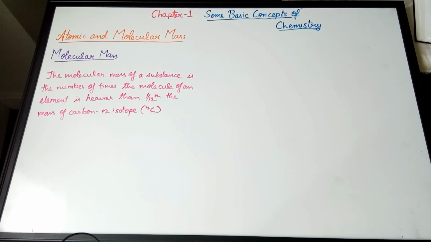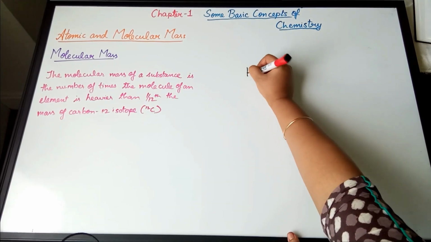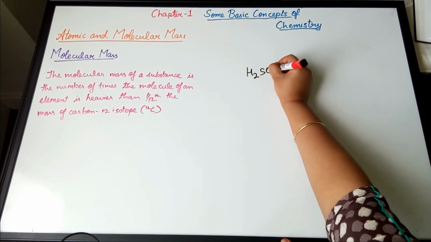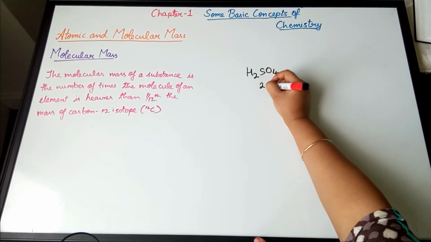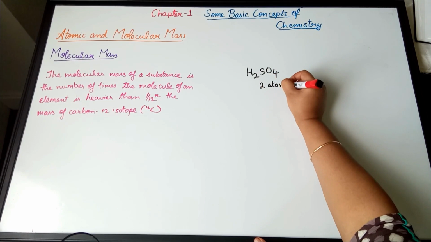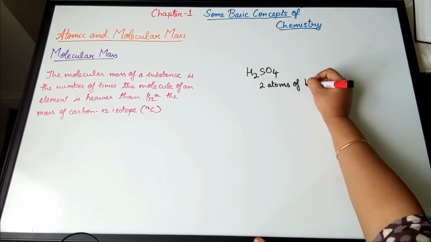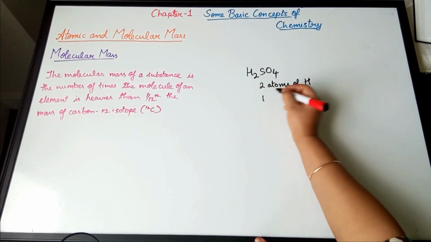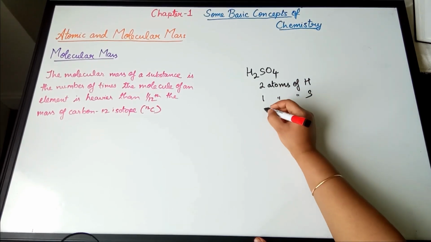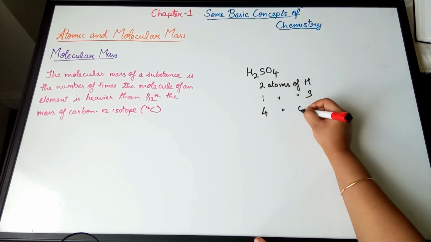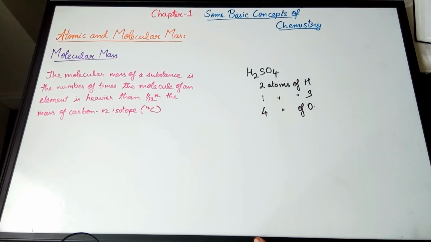Let's take the example of H2SO4. H2SO4 has two atoms of hydrogen, one atom of sulfur, and four atoms of oxygen.